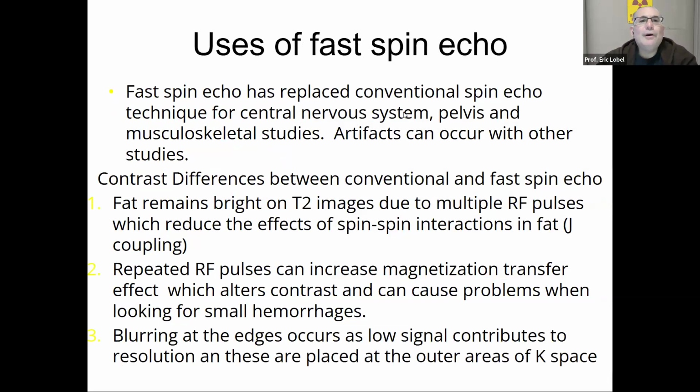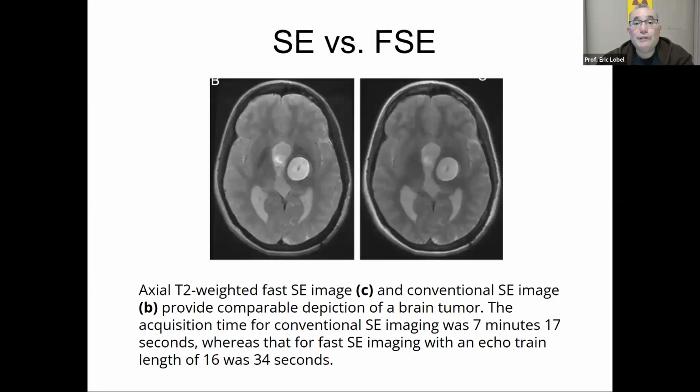Okay. So fast spin echo has pretty much replaced old conventional spin echo, right? Because the images are not that much worse, as we saw before, and that was an extreme example. To go back to that for a quick second, this was at an ETL of 16.